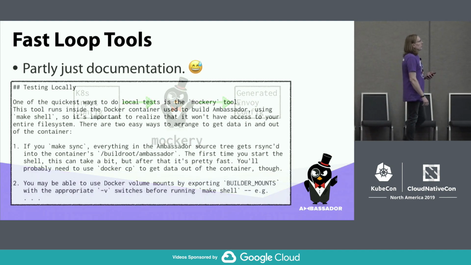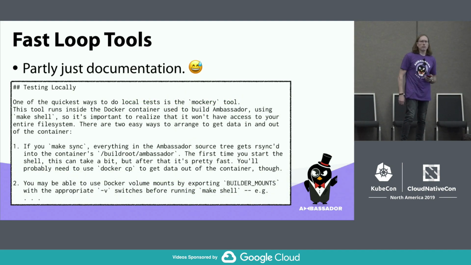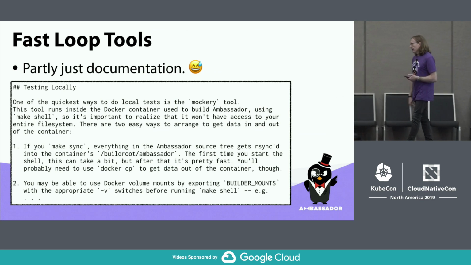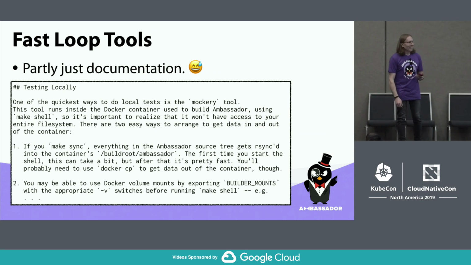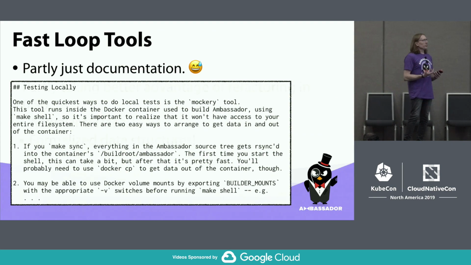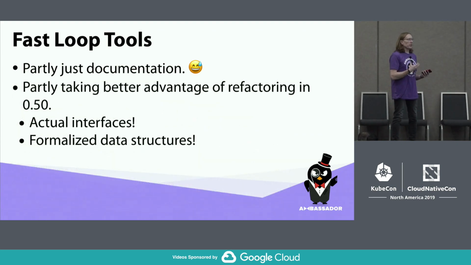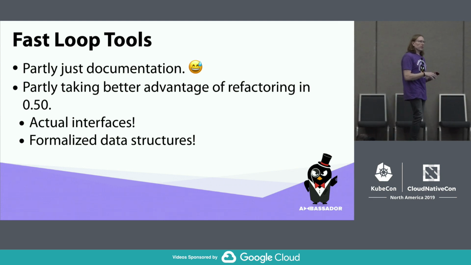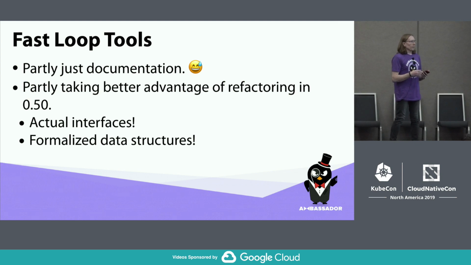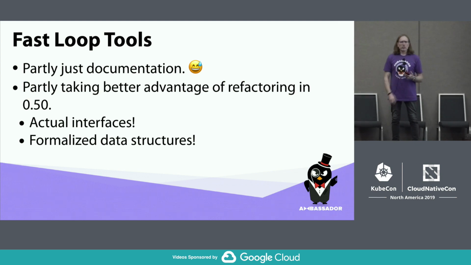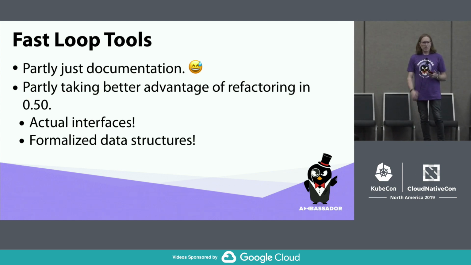We also did this radical thing called writing down how to use it. Yeah, I know. But it's worth pointing out it wasn't just docs. We could not have done this without the refactor for 0.50. The original set of compiler tests were basically hooking into a bunch of internal things that nobody was really supposed to mess with.